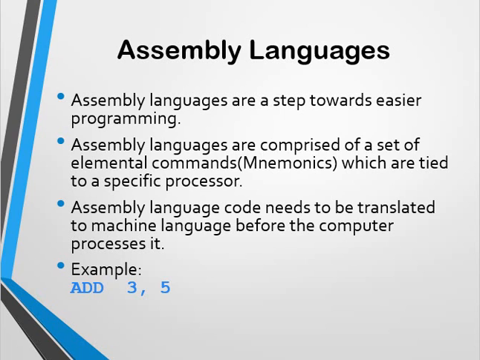However, assembly language needs to be converted into the corresponding machine language before processing it. So we need an assembler software to convert the assembly level language to its corresponding machine level language.